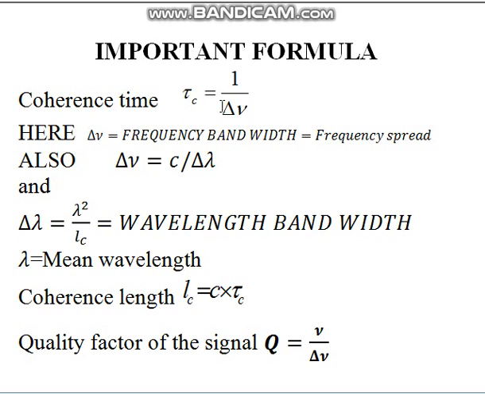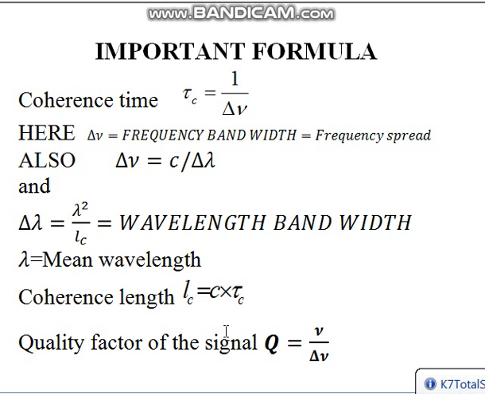Coherence time is given by the inverse of the frequency bandwidth. Then the frequency bandwidth is related to the wavelength bandwidth, and there is a relation between the mean wavelength, the wavelength bandwidth and the coherence length. This is a very important relation between coherence length and coherence time.